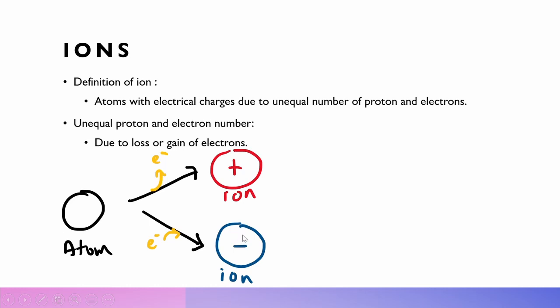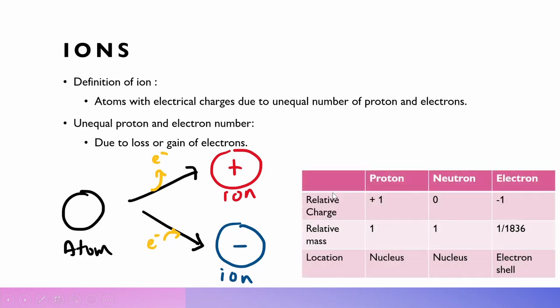Now at this point, you might wonder, why can't ions form through the loss or gain of protons instead of electrons? There are two main reasons for this, and it's to do with the properties of protons and electrons. The main reason has to do with the location of these subatomic particles. Within an atom, a proton is located in the nucleus, which is deep at the center of the atom, which is much more difficult to access.